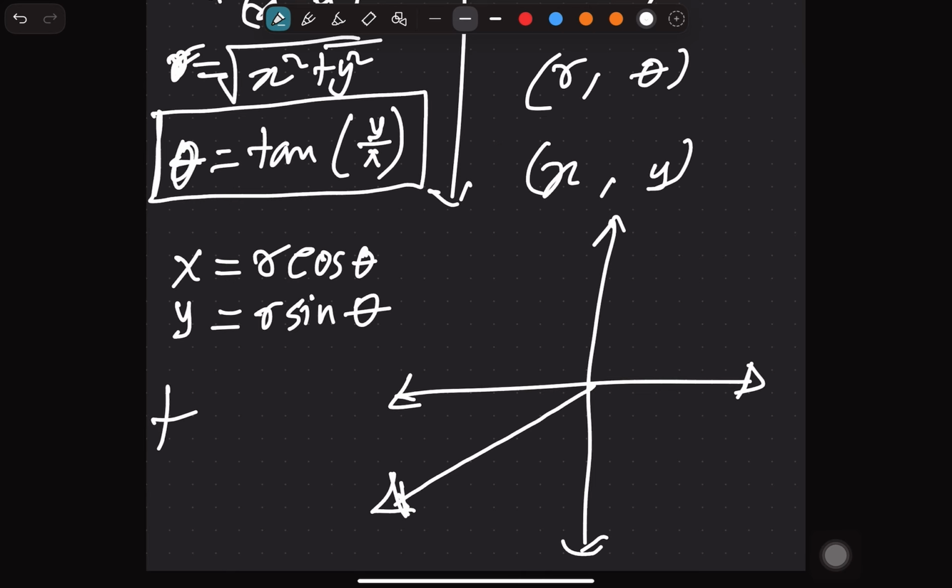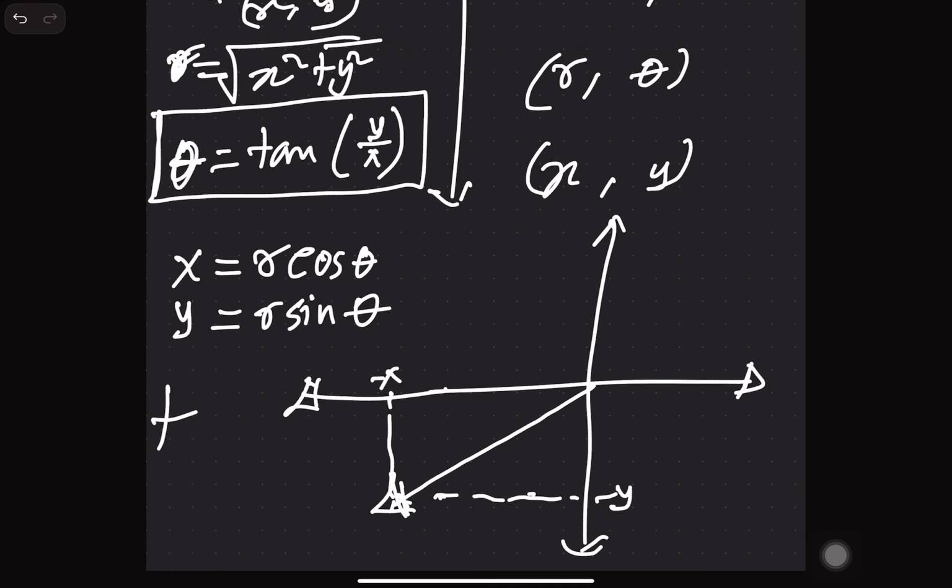It means the real part is going to be a negative number and the imaginary part is also going to be a negative number. So negative x and negative y.